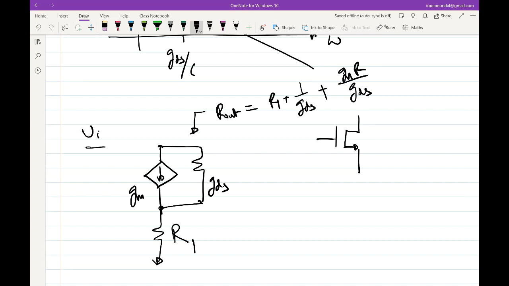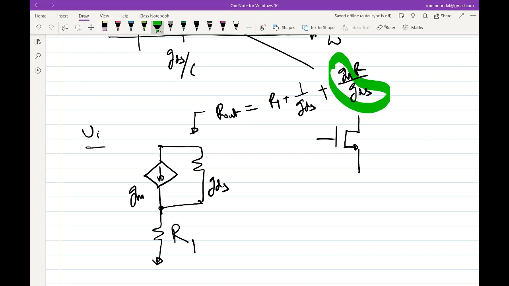So in this case, if you assume that this factor of GM by GDS is more than 1, because ultimately when we are making a transistor, we expect this ratio to be more than 1, which terms do you think is dominating? So this term of GM over GDS is more than 1.